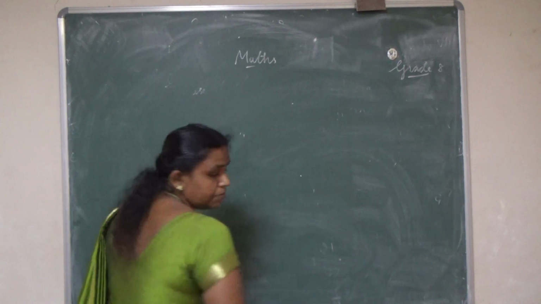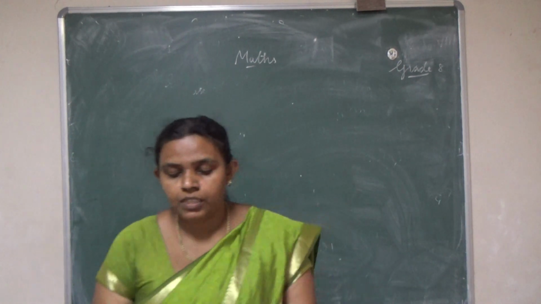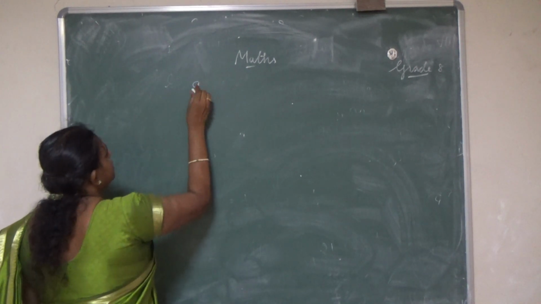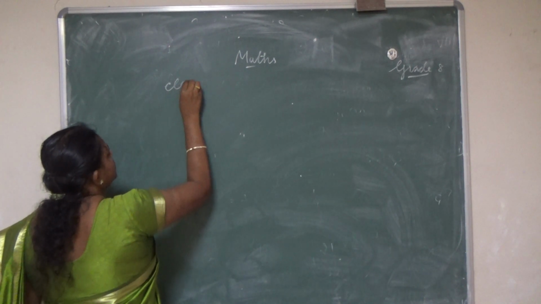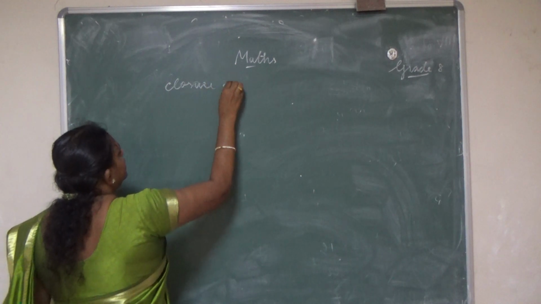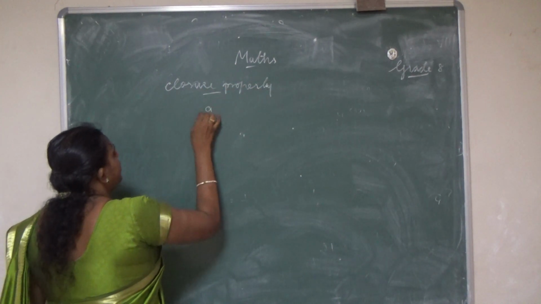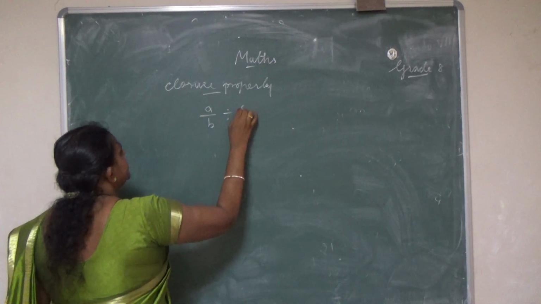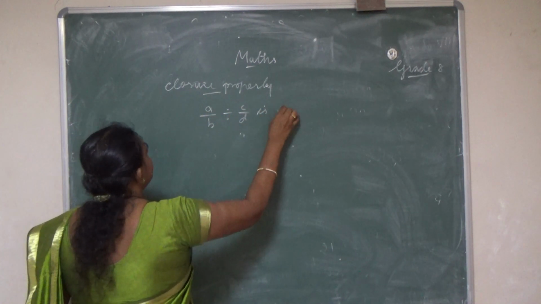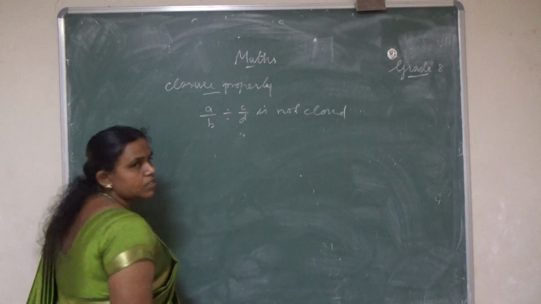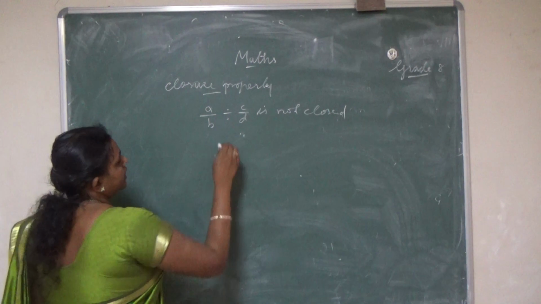For all rational numbers, what is closure property? A by B divided by C by D is not closed for all rational numbers. It must be, if we are getting a rational number.